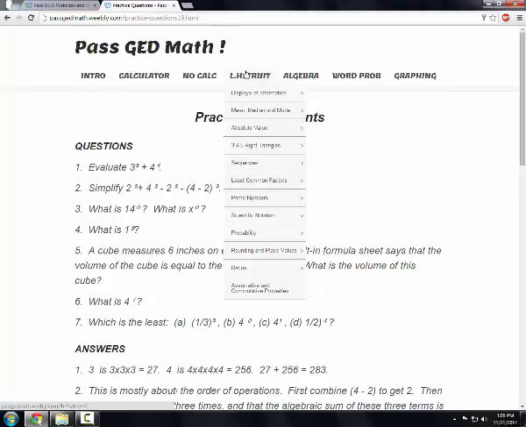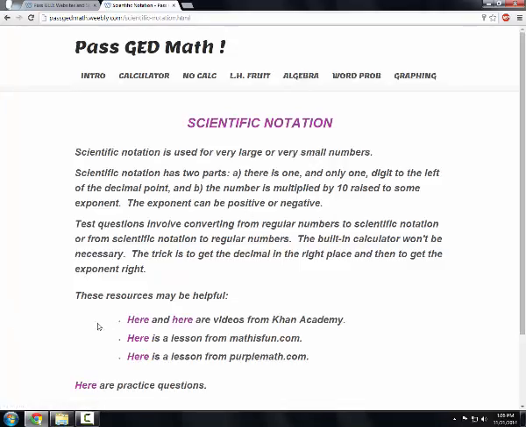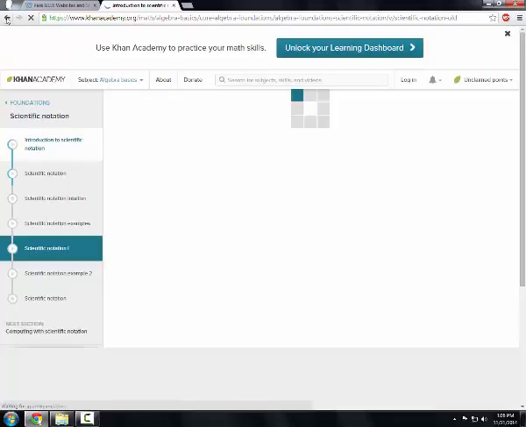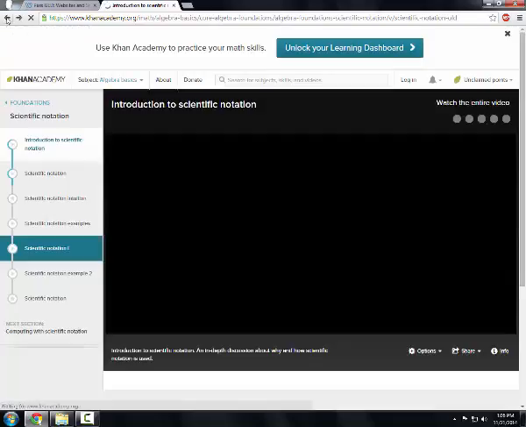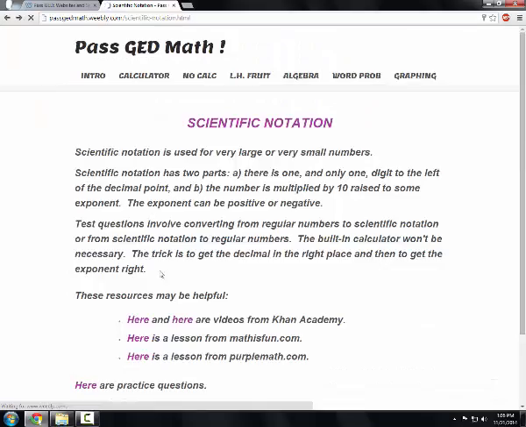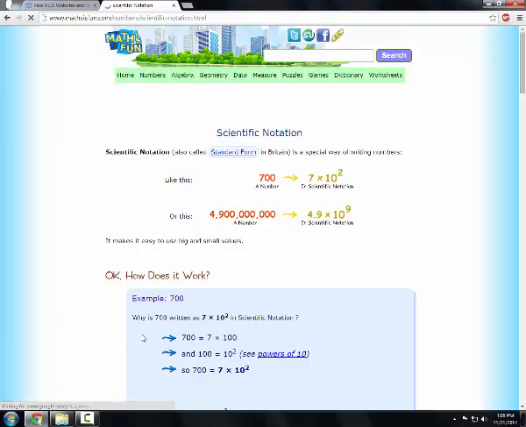The 12 math skills you see here in the drop-down menu are the low-hanging fruit of the test. They're self-contained and relatively easy. Let's look, for example, at the page on scientific notation. And here you can see, for example, I can click on to see a video from Khan Academy about scientific notation. And here is another lesson on scientific notation.